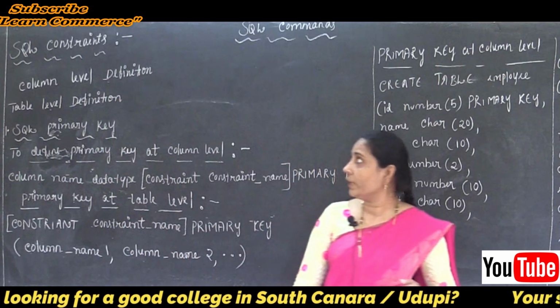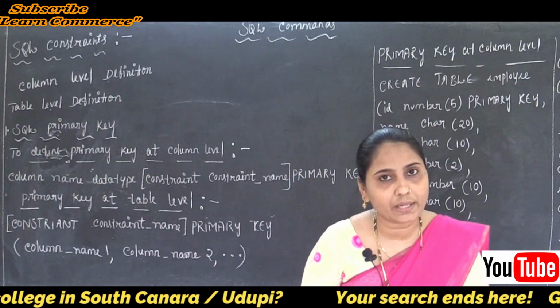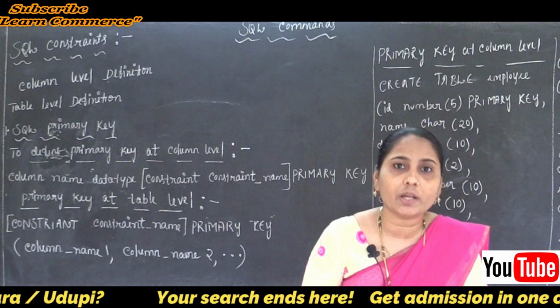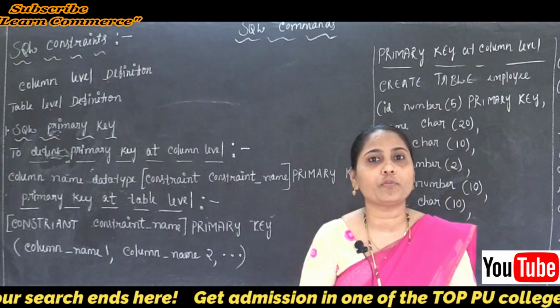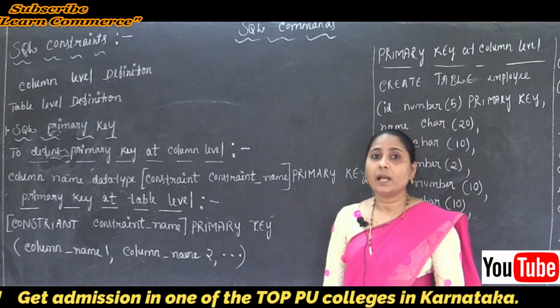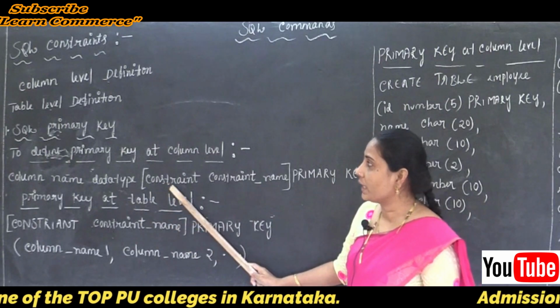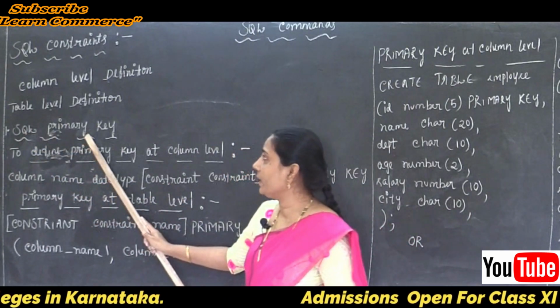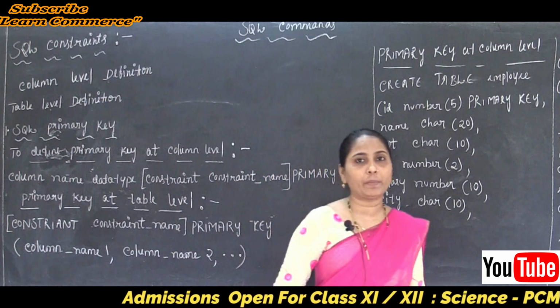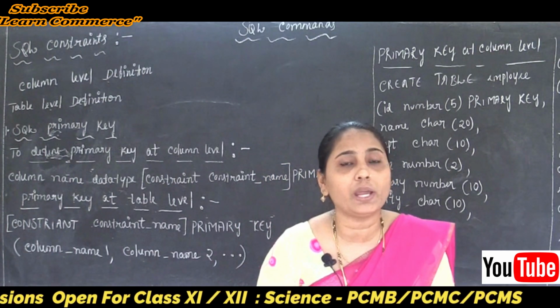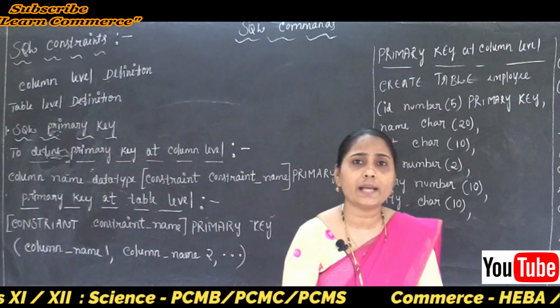Now after knowing the meaning of the table level definition, the column level definition, and some examples of constraints, we are going to discuss the first thing, our SQL primary key. The SQL primary key is the first example of a constraint. So what is the rule applied in the SQL primary key?